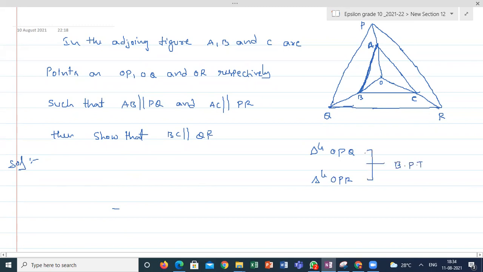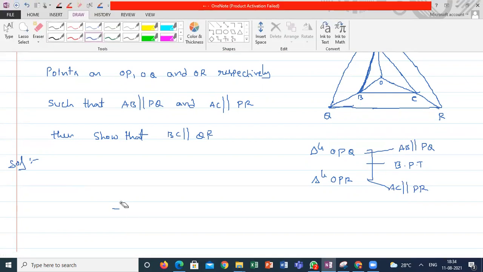Here in OPQ, AB is parallel to PQ. In OPR, AC is parallel to PR. This is the clue I can give. You can try this question, guys, please. I'm expecting some answers from you people. Please solve this question.